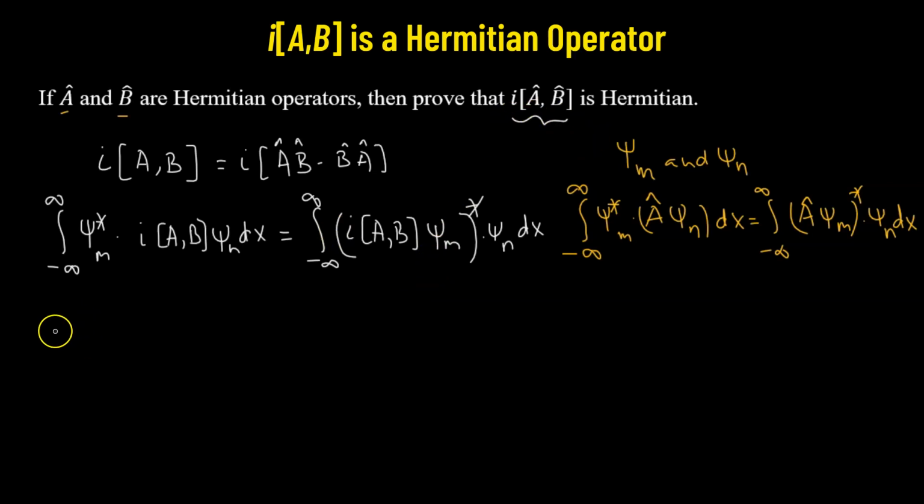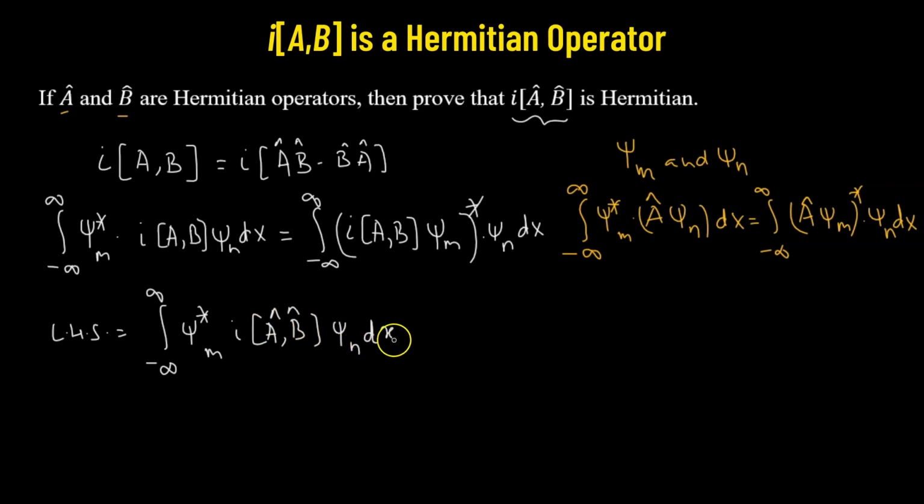If this relationship holds, then we say that our given operator is Hermitian. So we'll begin from the left hand side. On the left hand side we have the integral with limits from negative infinity to positive infinity of psi star m, times i times the commutator operator [A, B], psi n dx.